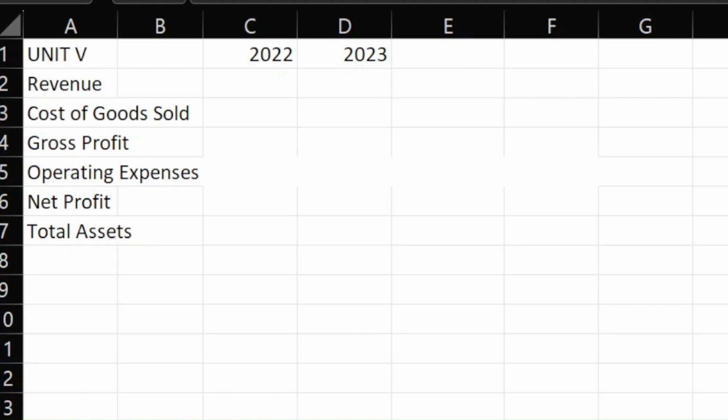Here we have revenue, cost of goods sold, thereby we get a gross profit, and then by deducting it from this operating expenses, we will get net profit. A typical P&L account will appear like this. Okay, let us see that.